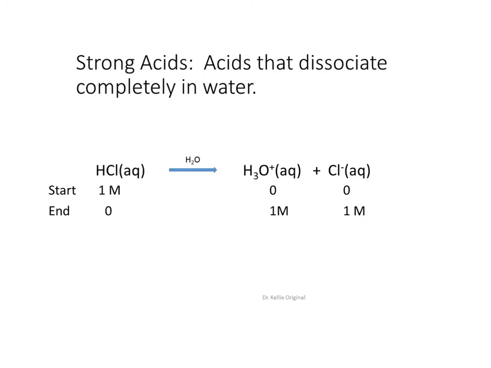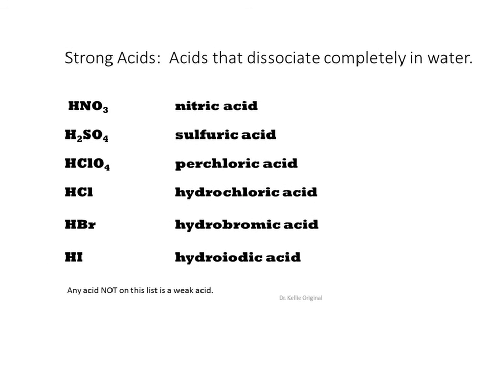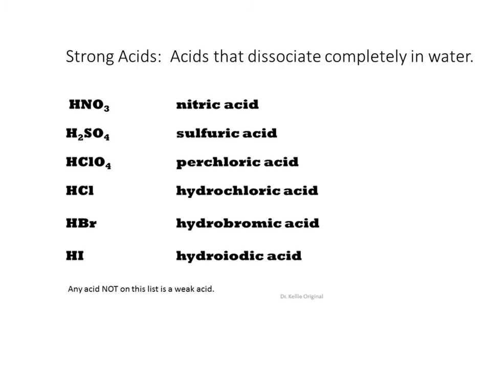There are 6 strong acids. You're responsible for knowing these 6 strong acids. Fortunately, you know them already, really. If it's been thrown in somebody's face in a movie, it's a strong acid. You have nitric acid, sulfuric acid, perchloric acid, hydrochloric, hydrobromic, hydroiodic.